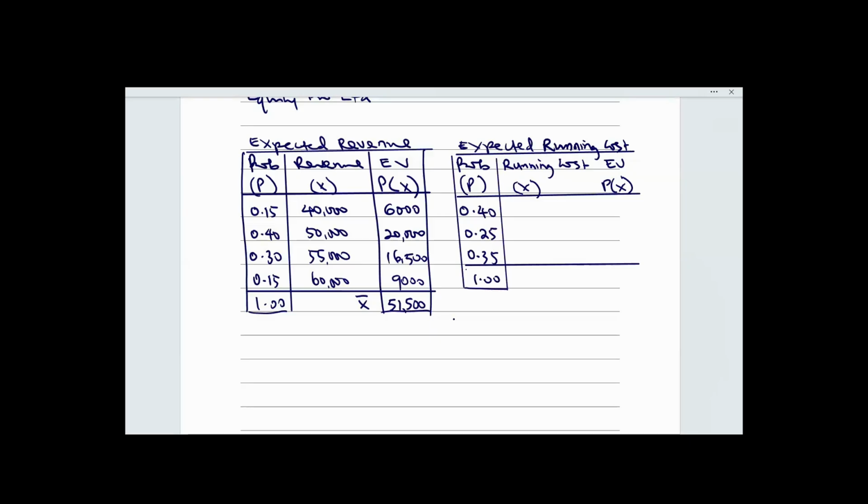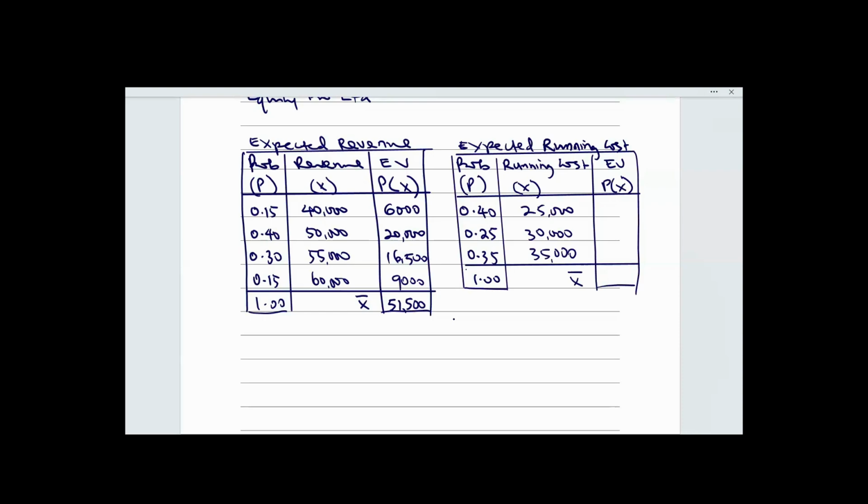So give me the cash flow: 25,000, 30,000, and then 35,000. So we need to calculate the expected running cost. 40% of 25,000, what do you get? 10,000.